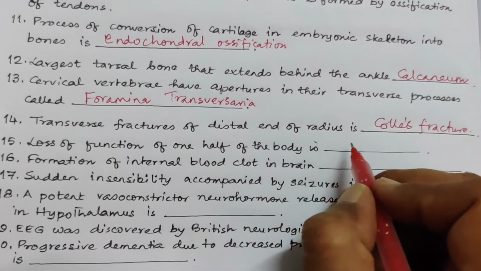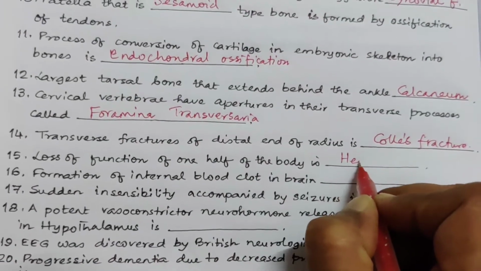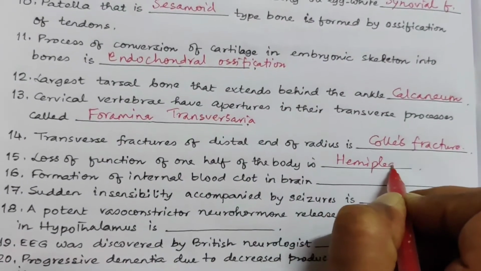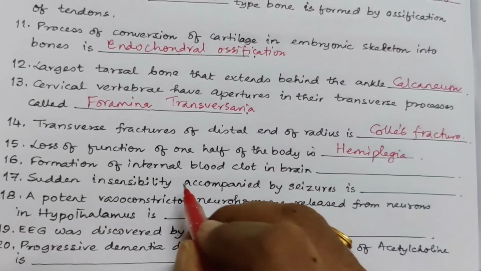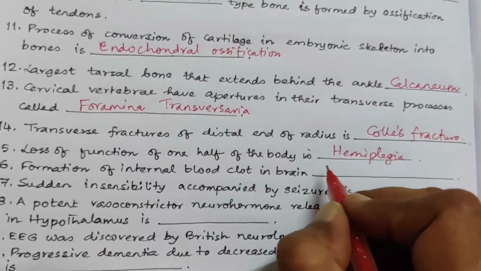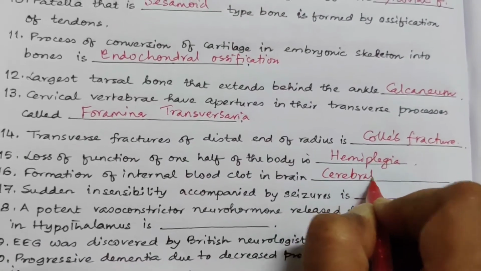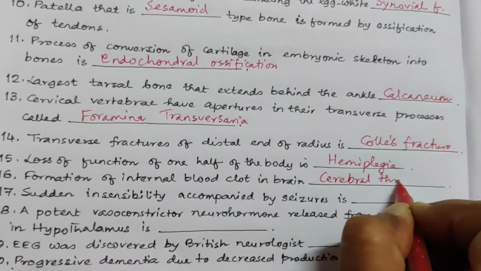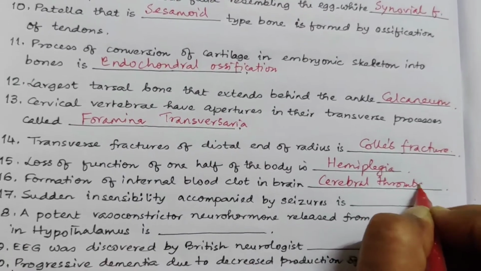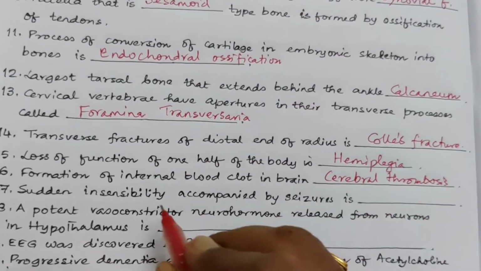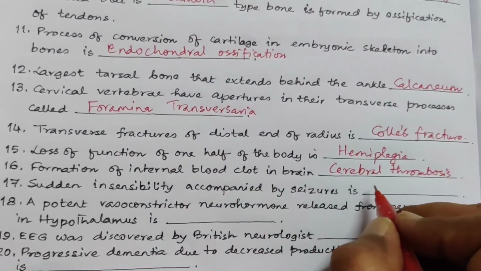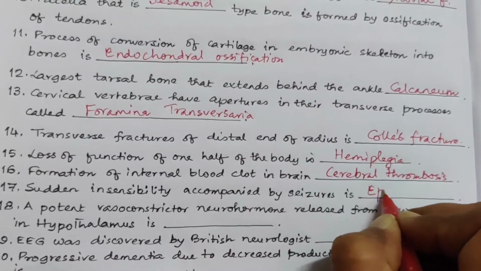Loss of function of one half of the body is hemiplegia. This is a kind of paralysis. Formation of internal blood clot in brain is cerebral thrombosis. Sudden insensibility accompanied by seizures is epilepsy.